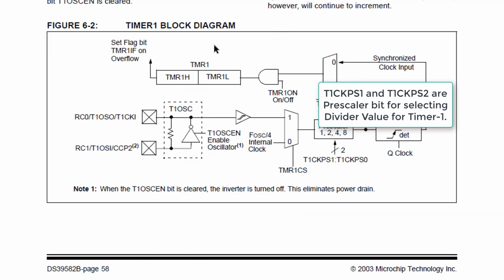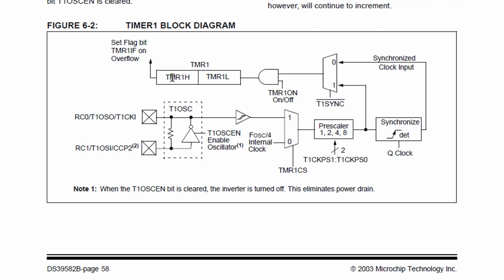This is the block diagram of timer 1. You have seen that there are two registers, timer 1 high and timer 1 low, which are used to keep the timing of timer 1. When it reaches the 16-bit value, which is 65,535, it will overflow and set the overflow flag of the timer.